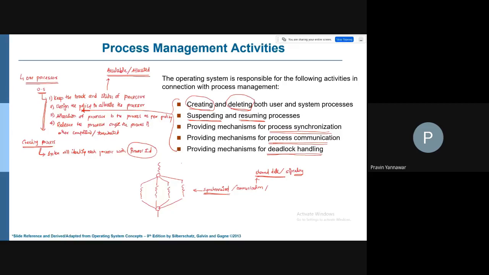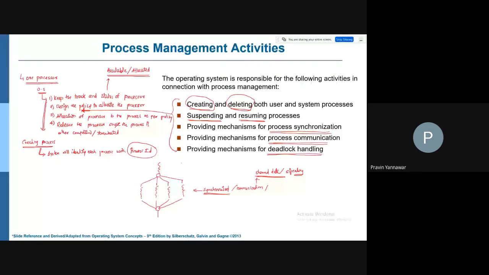It may be a case that the process is abnormally terminated. When the process is abnormally terminated, it will shift its state from run to wait and wait to ready, right? That cycle has to be completed, which we will see shortly. Then you need to decide a mechanism for process synchronization.